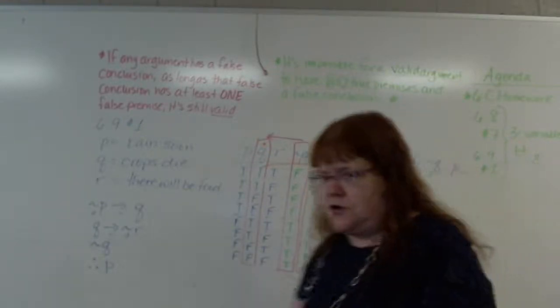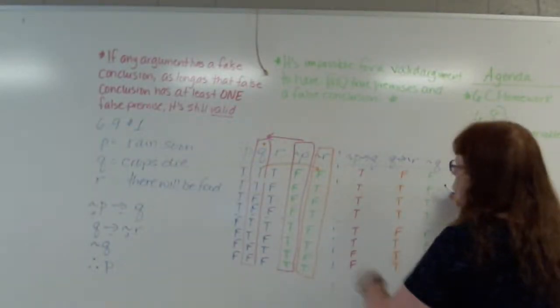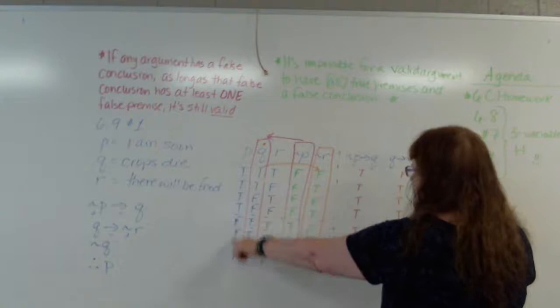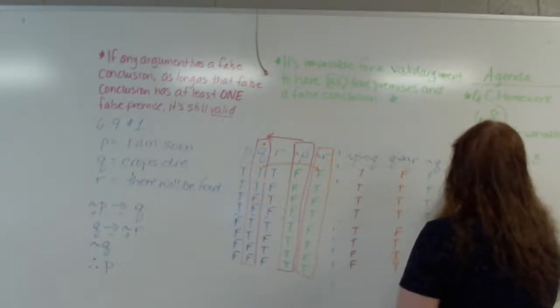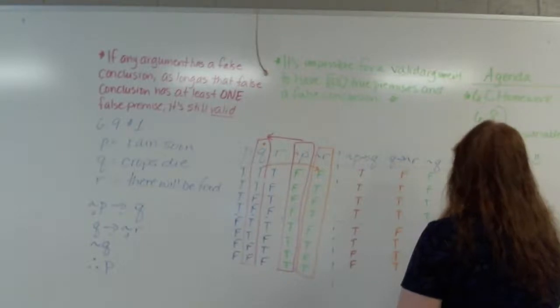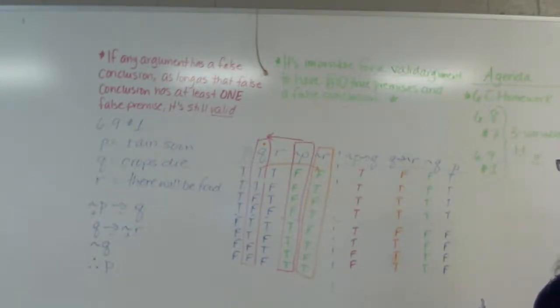Trying to be consistent with my colors here. Not always. P is my first column here, so I have to make sure it's the same color over here. So it's 4 trues on the top, and then 4 falses on the bottom. Okay? So not so horrible, right? I'm done. It's not too bad.